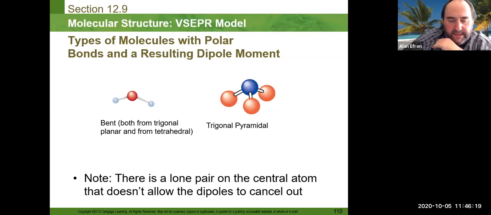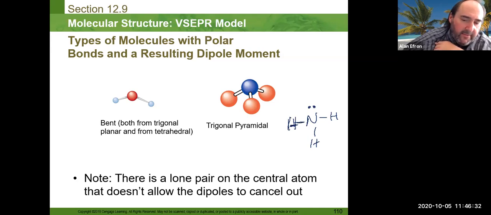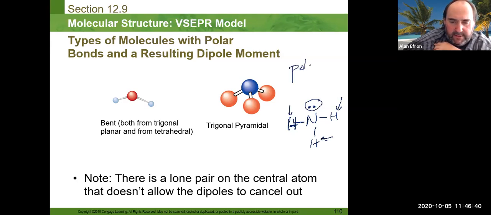So if we look at something like NH3, for example, here's how I would approach it, and you should probably as well. We go to the central atom. I see dots. I see everybody's the same. That means I have a polar molecule in this particular case.